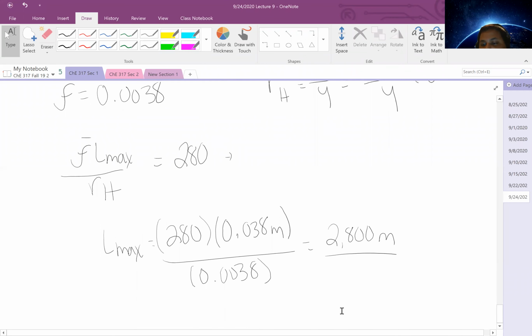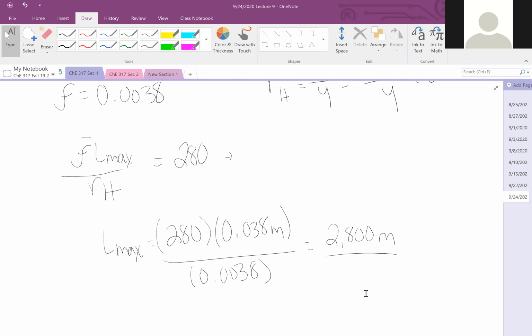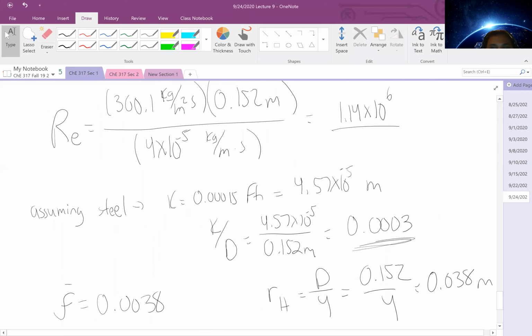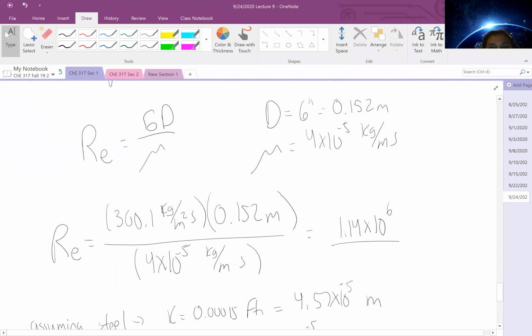Any questions on that problem? Dr. Lopez? Yes. Where did you get your viscosity value when you calculated your Reynolds number? I made an assumption and made it up for the sake of the example problem.